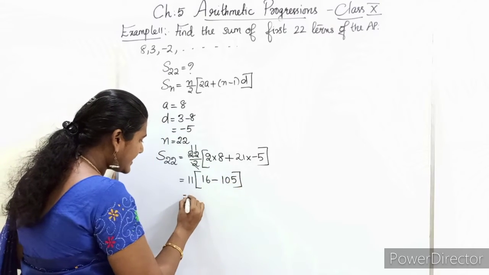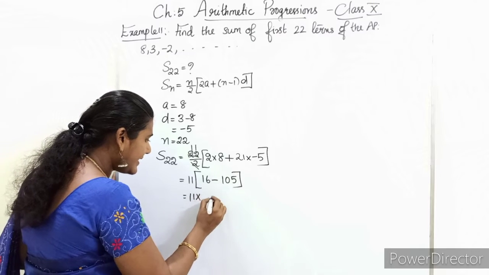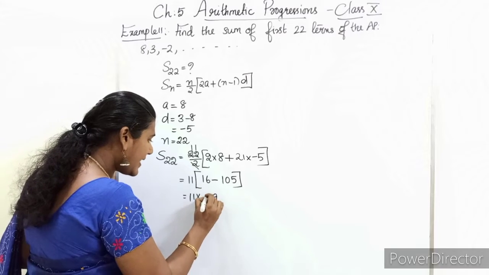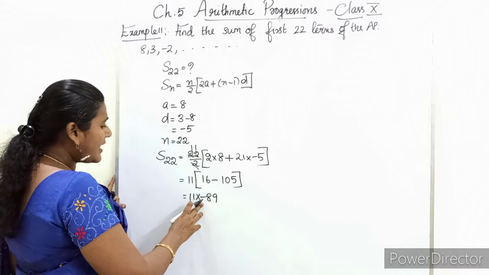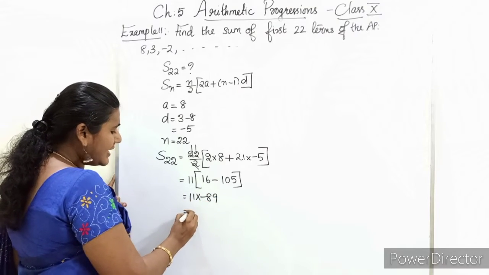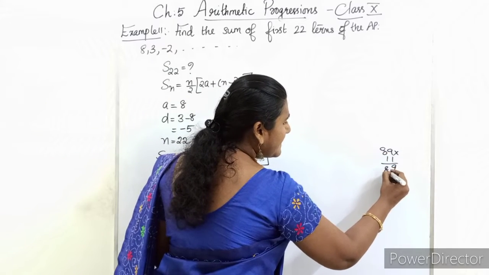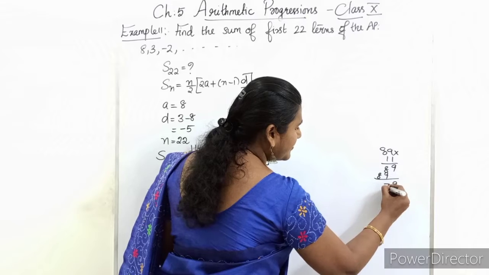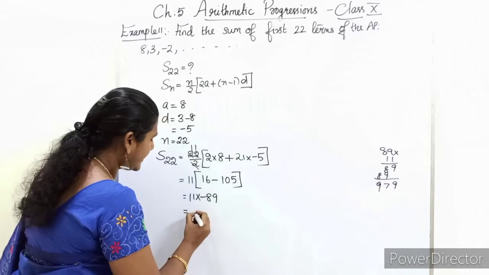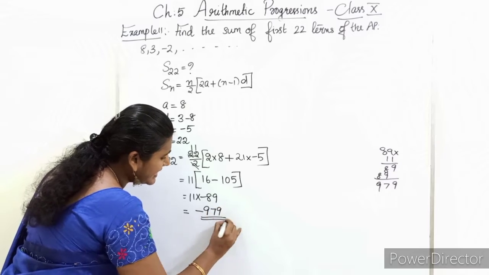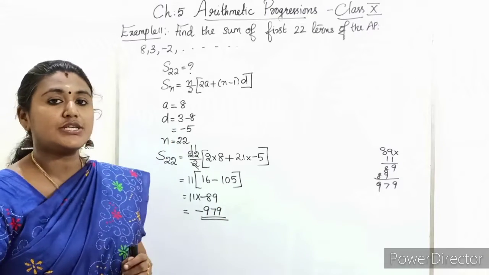When you subtract, you will get minus 89. So minus 89 into 11. We will multiply 89 into 11, which is 979. So minus 979 is the sum of first 22 terms.